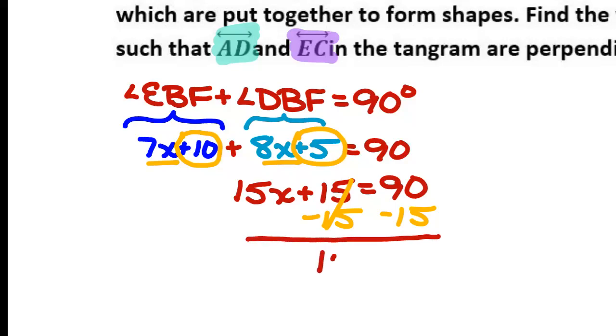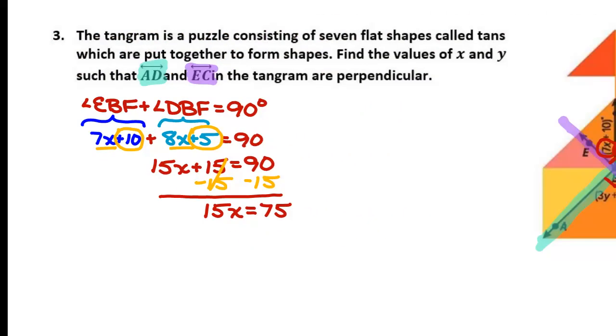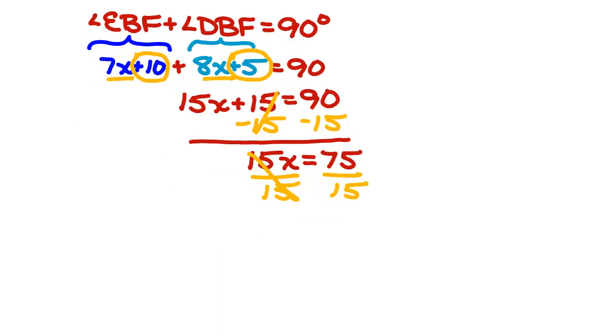What is 90 minus 15? 75. And then we divide both sides by 15. What is 75 divided by 15? 5. So x is 5.